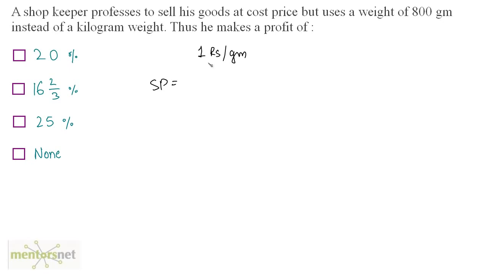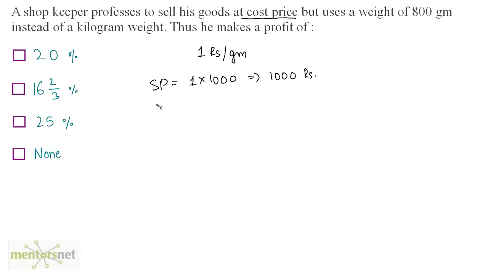He tells that he is selling goods at cost price, so the selling price is 1 times 1000 grams, which is 1000 rupees.